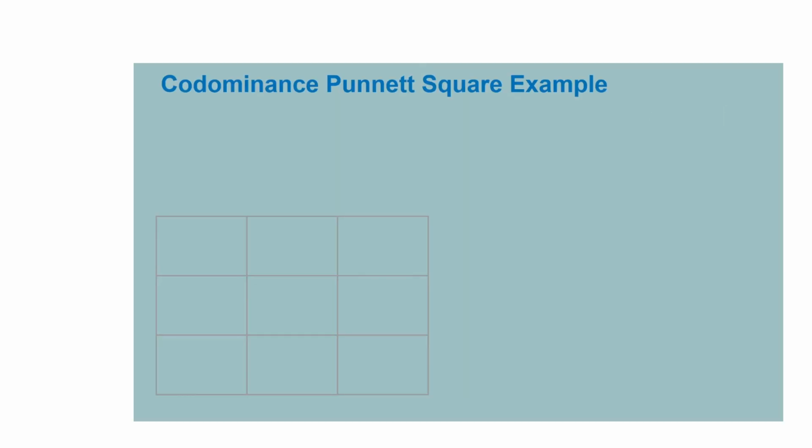Now we're going to do a Punnett square example with codominance.